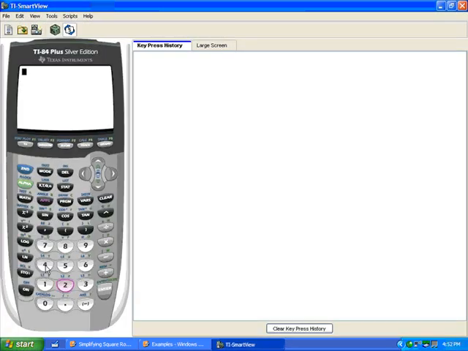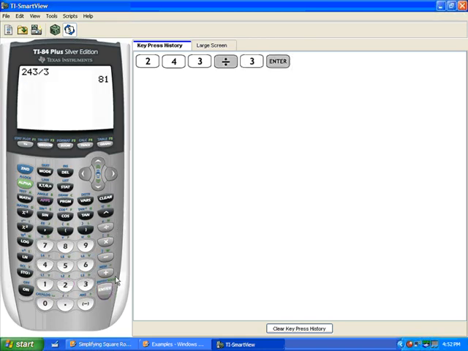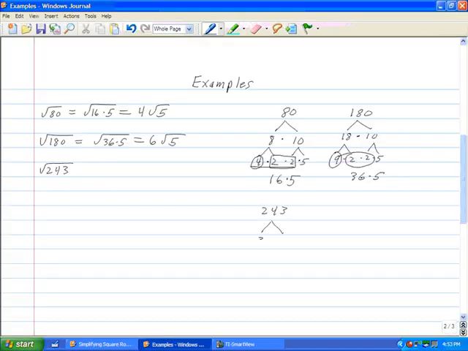Let's take 243, divide it by 3, and we're going to get an 81. So 3 times 81, and there's our biggest perfect square, because 3 doesn't contain any perfect squares. Square root of 81 is 9, and then there's the square root of 3. So with the constants, that's easy enough.